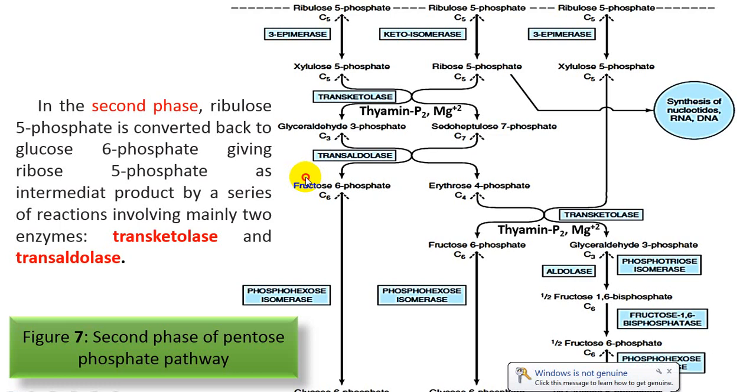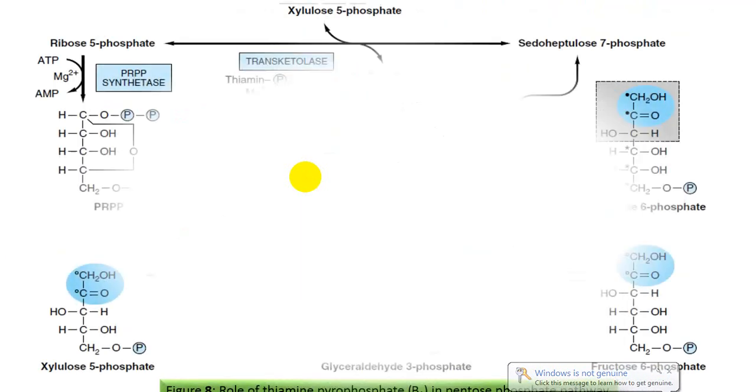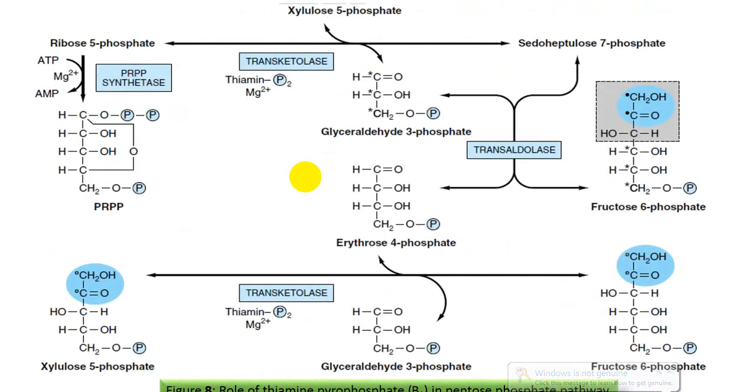Now let us see the role of thiamine pyrophosphate, B1, in the pentose phosphate pathway.